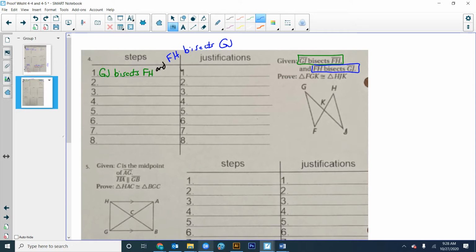What's the knife? Right, but in the green part. GJ bisects FH. GJ is the knife. FH is the string. Do you agree? Segment, picture, just a string held between your hands. Okay? FH is the string. Here's the string, stretching from F to H.